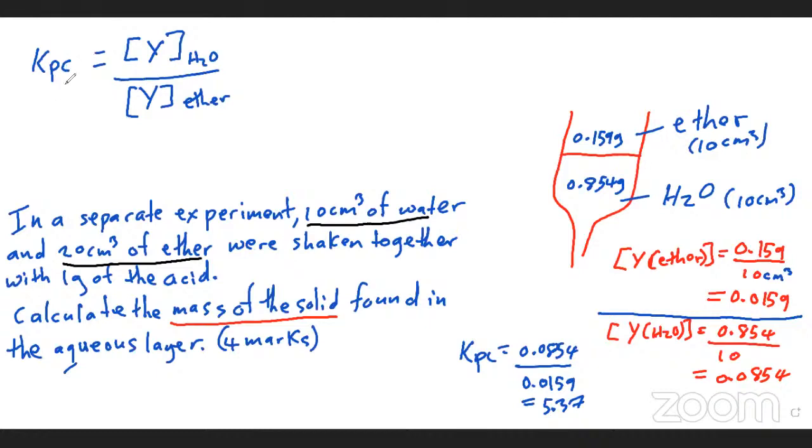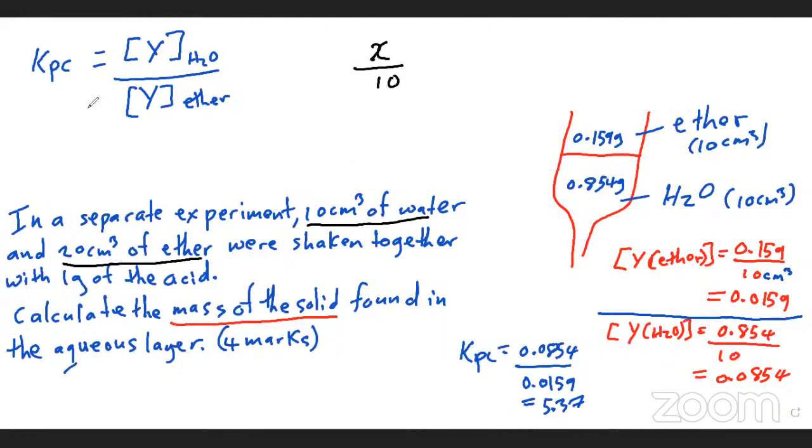For this calculation, we're going to use X to represent the mass of solute in the water. The volume of water from the experiment is 10.